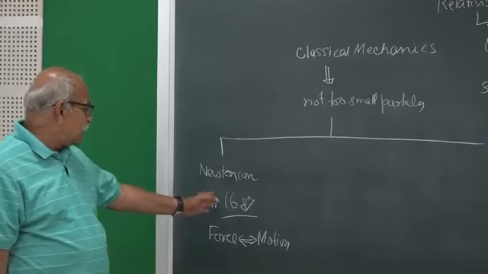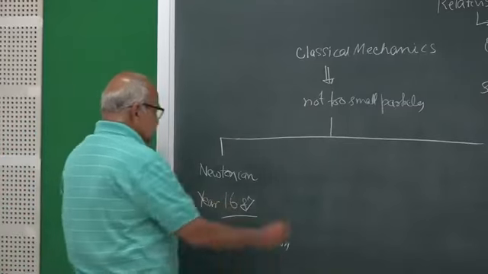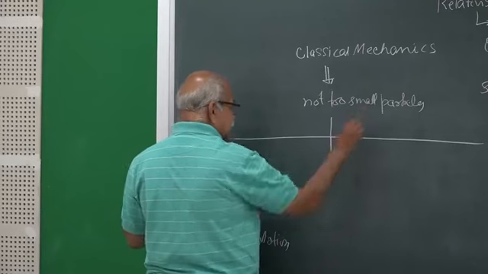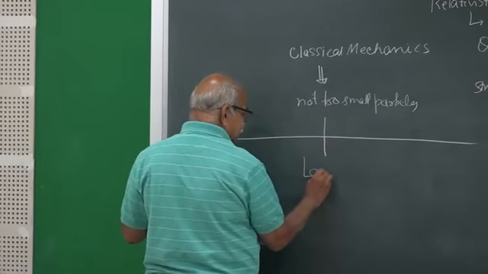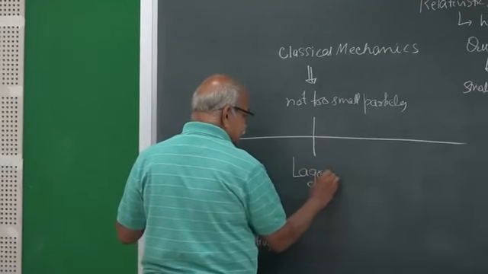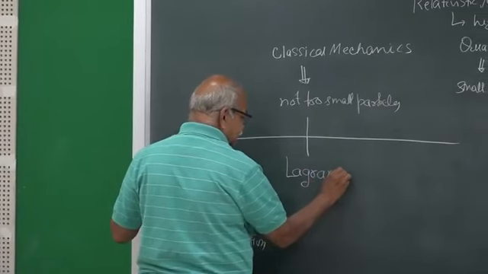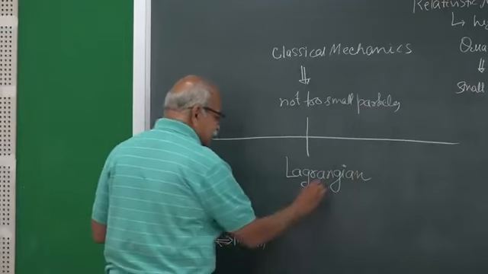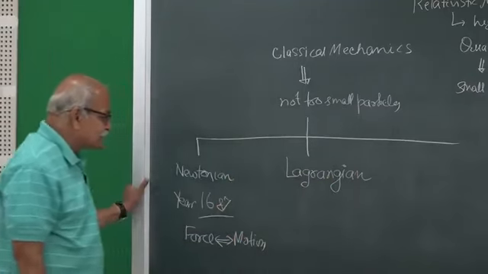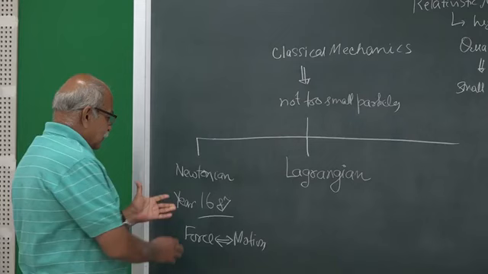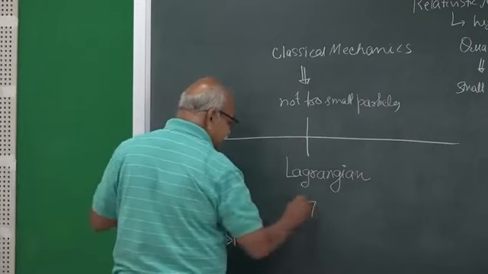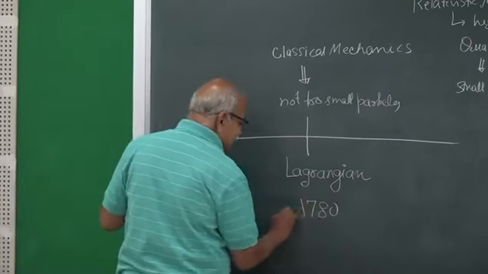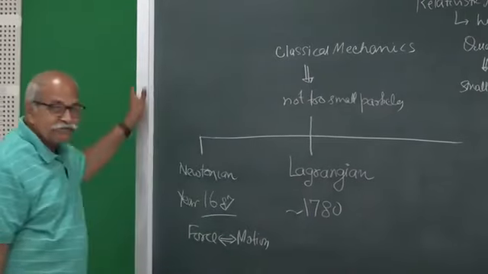Then about 100 years from here, you have another formulation of classical mechanics which is called Lagrangian mechanics. The scientist was Lagrange, and this was around 100 years down the line, somewhere around the 1780s or so.